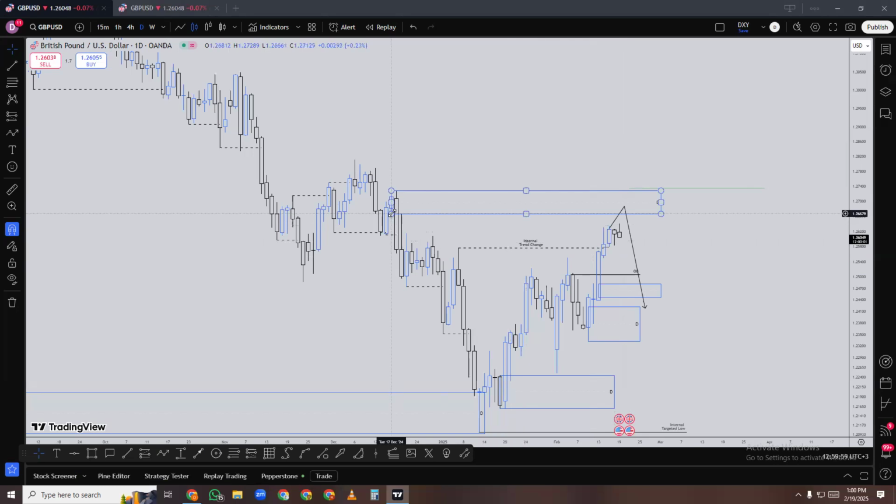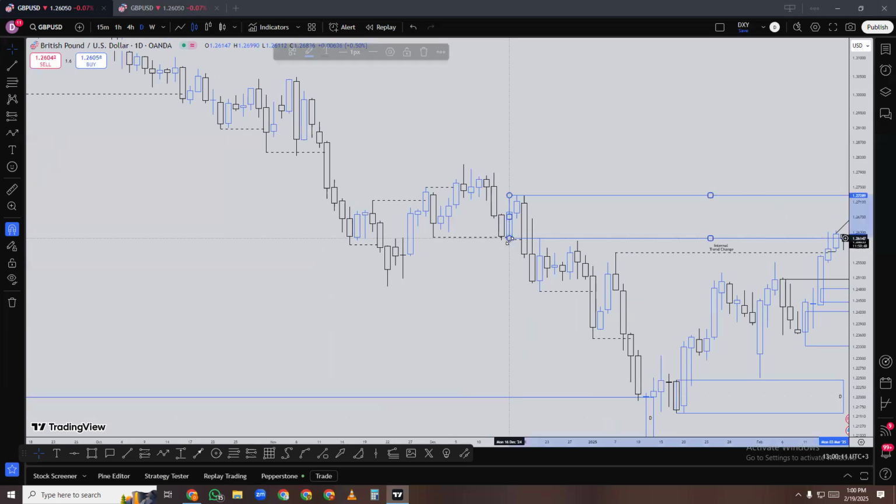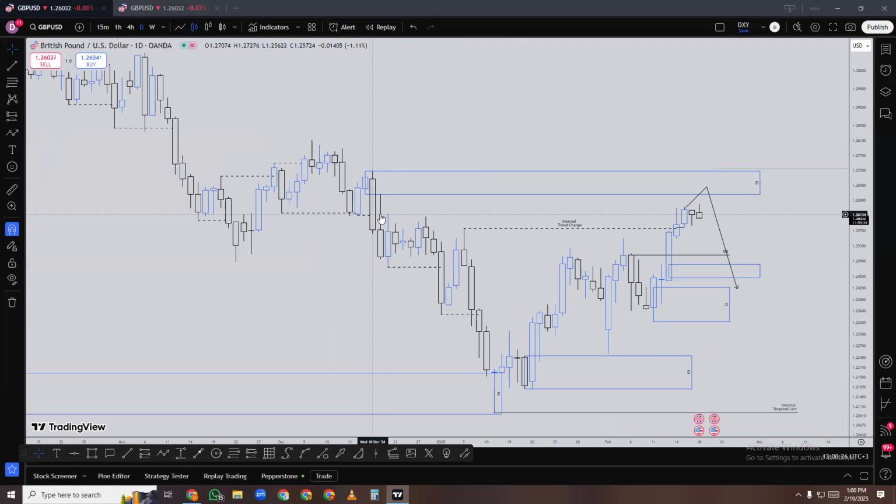The reason was that we've already tapped into our daily order block. This is the daily order block, the larger order block, comprised of these two candles, 1 and 2. But now this is the refined order block. From where we are, it wouldn't be surprising to see some sales kicking into the market.